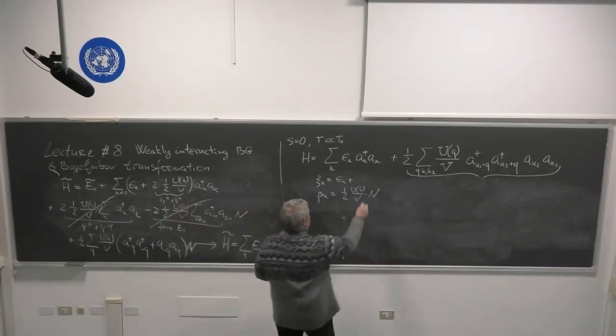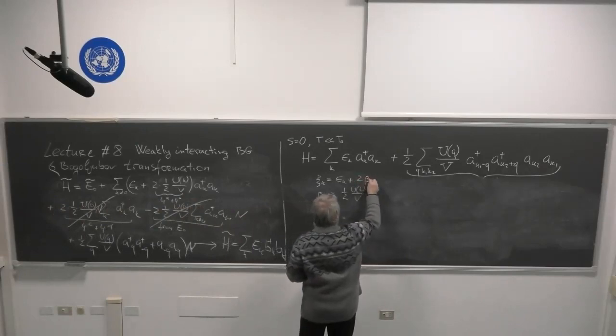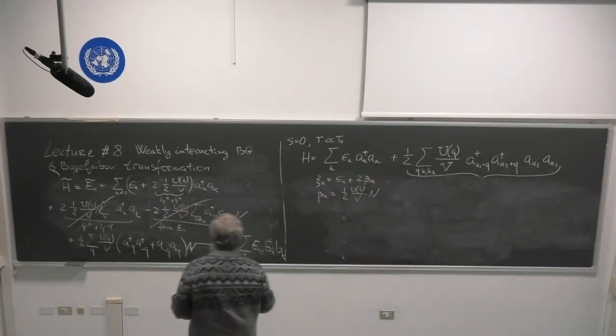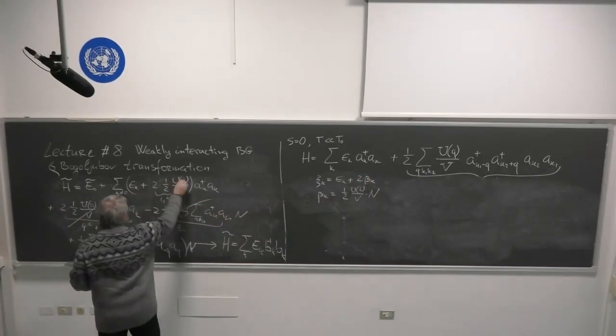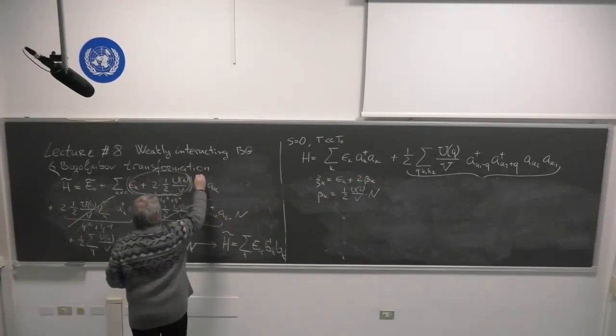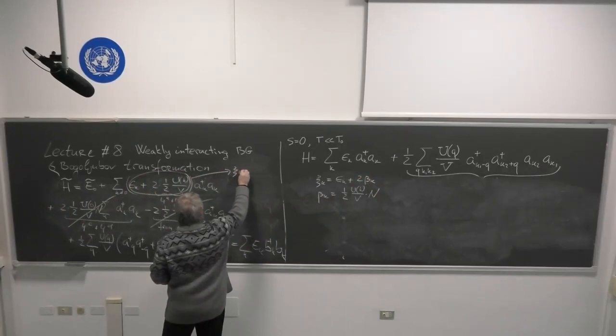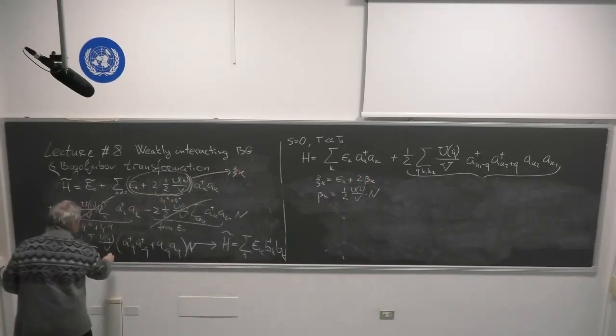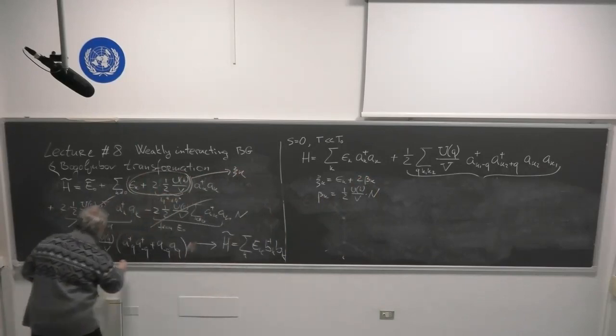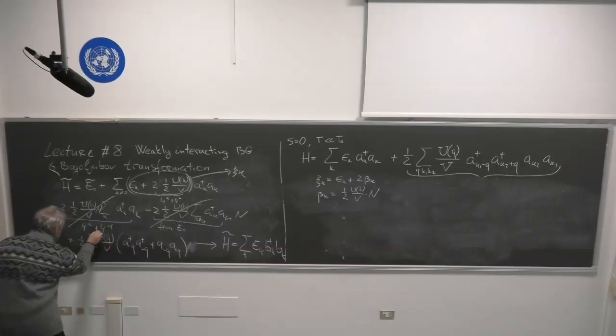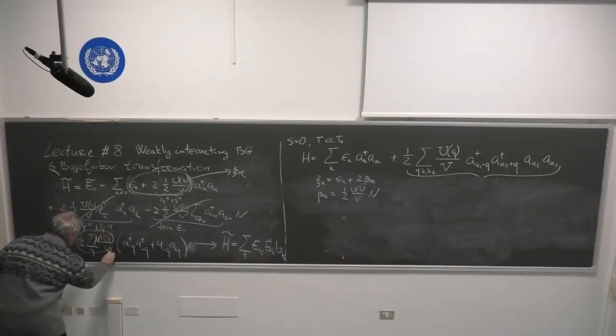psi k is epsilon k plus 2 beta k. So this is psi k, and this coefficient, if I write n here, this coefficient is beta k.